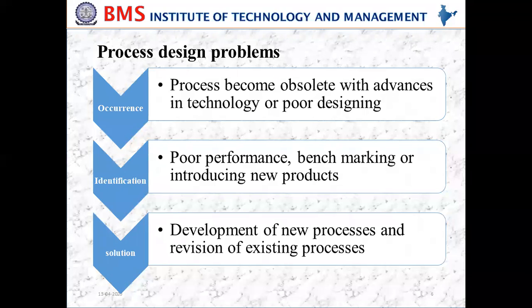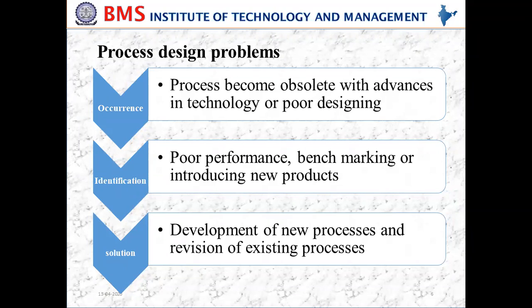So what is the solution for this kind of process design problem? If I want to introduce a new product, then I have to go for the development of a new process as well as the revision of the existing process. If performance is not up to the mark, we need to revise the existing process and improve it so that the performance can be improved.